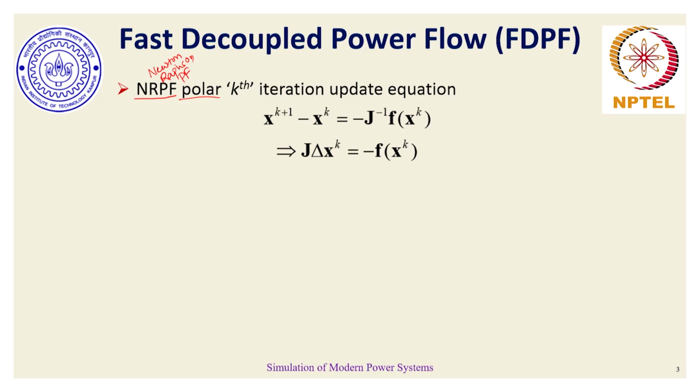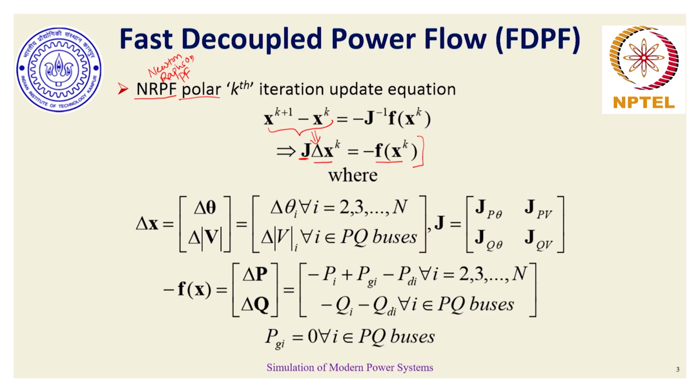In the kth iteration of the Newton-Raphson technique for solving power flow, we get an update equation, where J is the Jacobian matrix, f of x at the latest solution xk is the mismatch vector, and delta xk is essentially the difference between the next iteration update and the current iteration update.